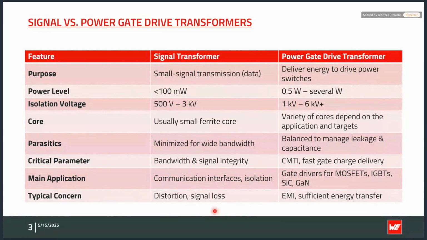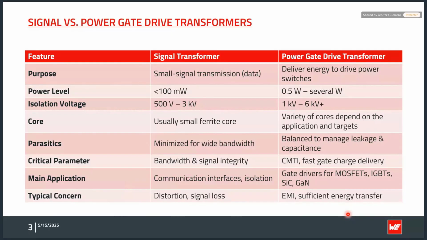And lastly, but not less important, the main applications and the typical concerns. As I said, signal transformers are mostly used for communication interfaces. Again, think CAN, RS, Ethernet. Meanwhile, the gate drive transformer is used for driving power devices, so a high speed, high voltage design.